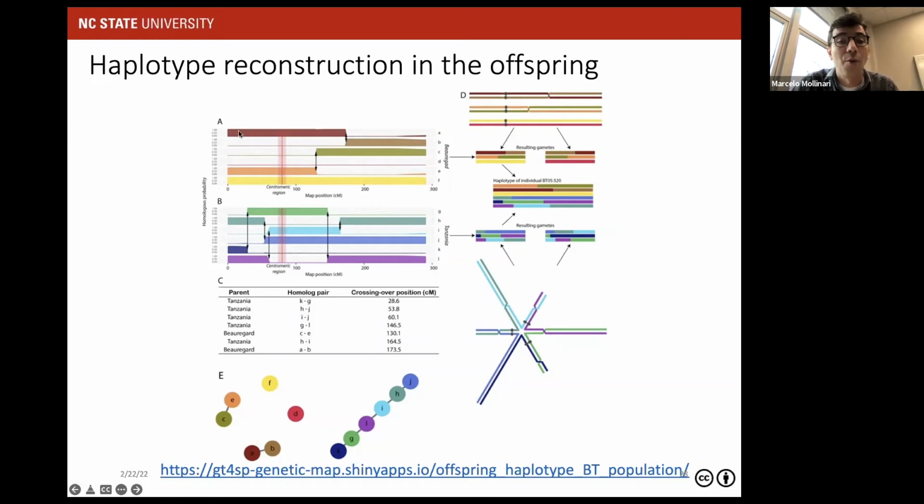And here you have the points of recombination, right? So here I have homolog A, recombination with homolog B, homolog E, recombination with C, and the whole chromosome and homolog F. So I can say that this was the configuration. I have my centromere here, and the recombination points were here. In the other parent, in the Tanzania parent, I had my homolog K, a recombination with H, and then H recombined with L, and L recombined with I, and so on.